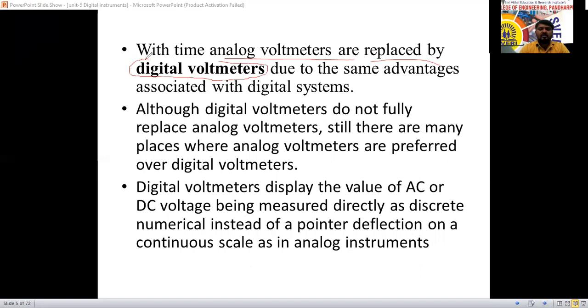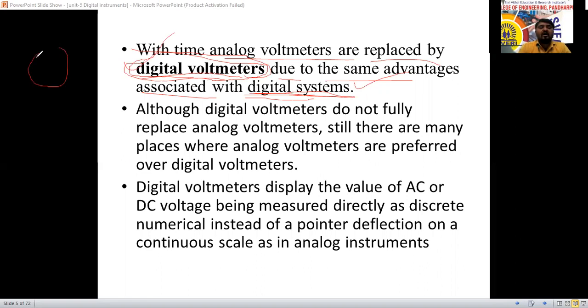But due to the advantages associated with the digital system, which we'll discuss also, the digital voltmeters are now in usage. Previously we were using the analog meters, now they are replaced by digital meters, but not 100%.